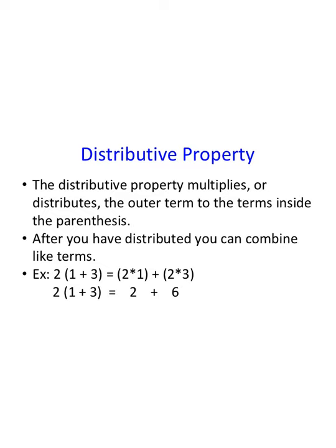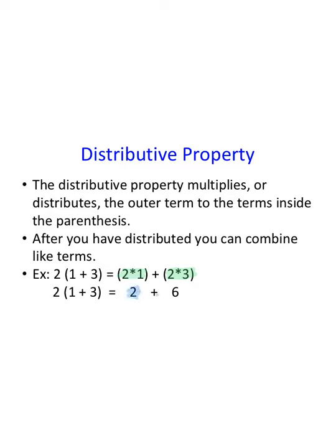After you have distributed, you can combine like terms. So in our same example from the last slide of splitting the pizza slices, when we multiplied the 2 times the 1 and the 2 times the 3, those are like terms, so we can go ahead and solve for that. So 2 times 1 is 2.